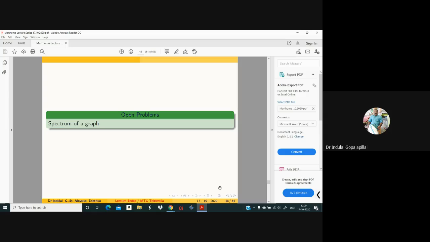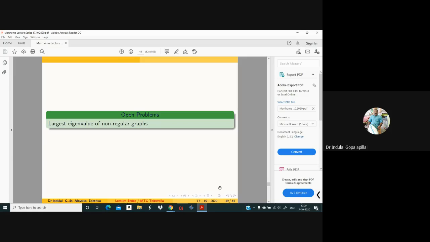So finding the spectrum of a graph itself is an open problem, and you have to develop several techniques to find it. Another one is the largest eigenvalue of non-regular graphs. For a regular graph, the regularity is the largest eigenvalue. So you ask this question for non-regular classes of graphs. What can be the largest eigenvalue of a non-regular graph? Can we find a result similar to the Hoffman polynomial theorem in the case of non-regular graphs? These questions can be asked.